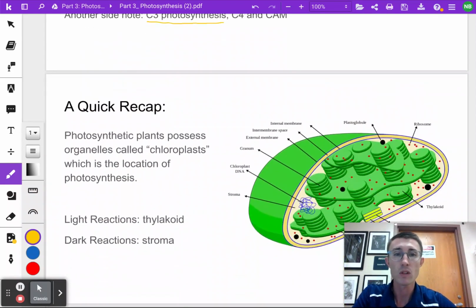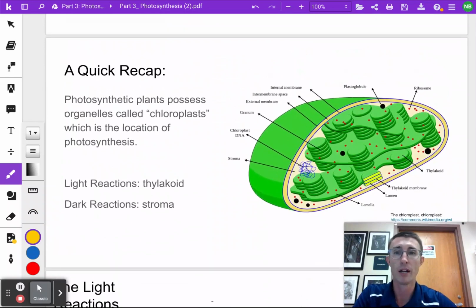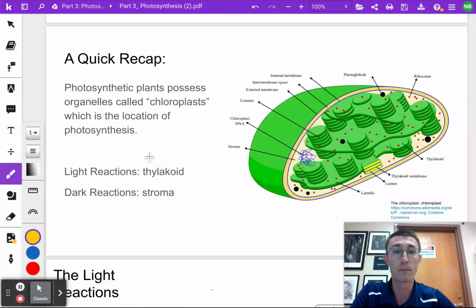So where is this process happening? Okay. So photosynthetic plants possess organelles that are called chloroplasts. Okay, so this is an image of what we're looking at when we're talking about a chloroplast in general. So the light reactions are taking place in the thylakoid membranes, and the dark reactions are taking place in the stroma.